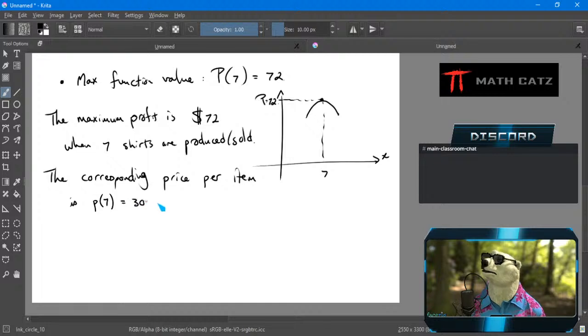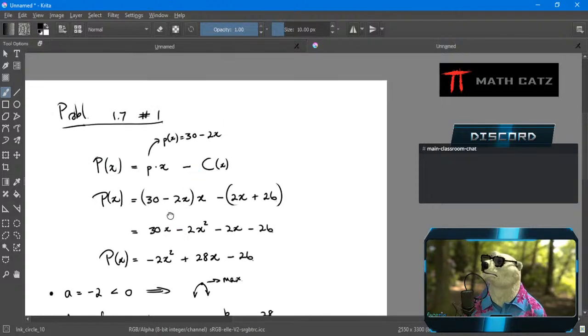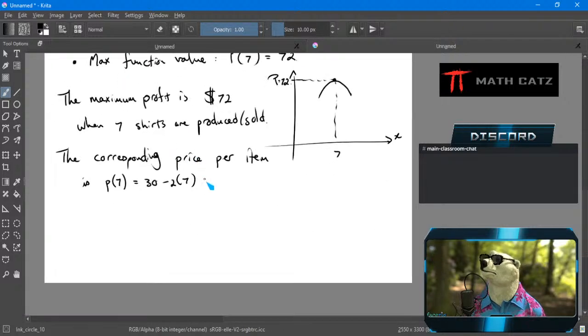What was it? 30 minus 2x. So 30 minus 2 times 7. Let me double check. I have a terrible memory. Now I'm sure. Okay. So that would be 30 minus 14 is 16.